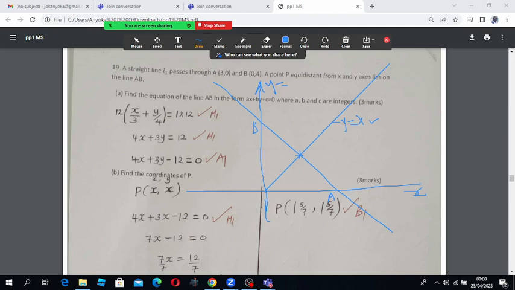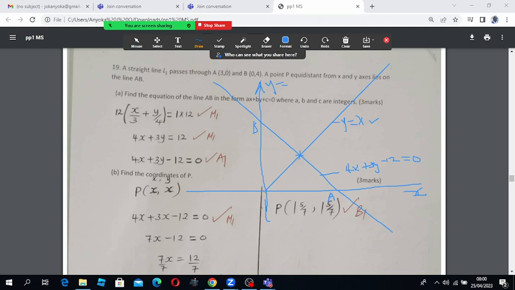Alright? And this line has the equation 4x plus 3y minus 12 equals 0. That is the equation of the line AB. So how do you find the point of intersection of two lines?